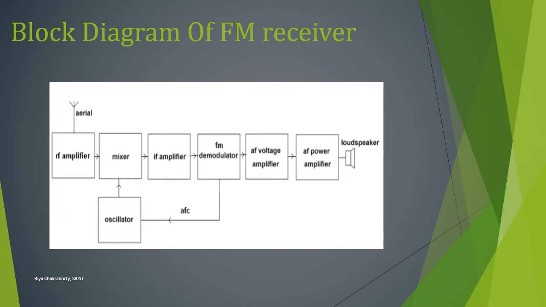The mixer mixes the frequency of the RF amplifier signal and the oscillator signal, and the result is fed to the IF amplifier. From the demodulator we get the demodulated output. So this is almost the same as the superheterodyne receiver.